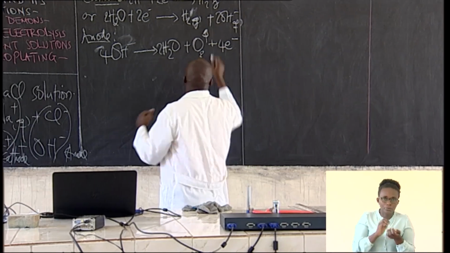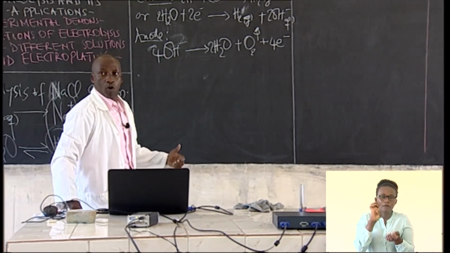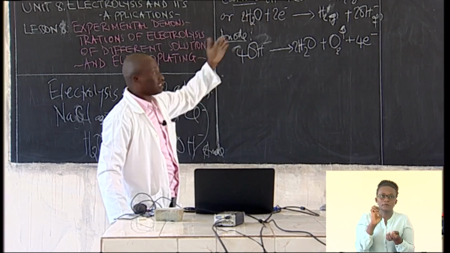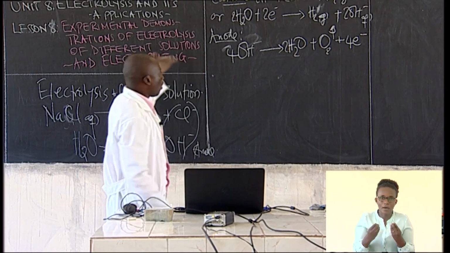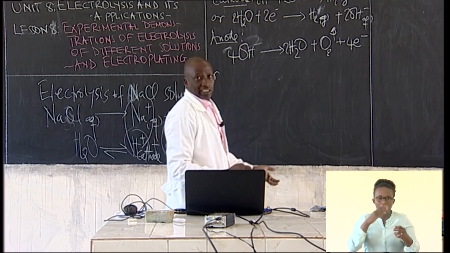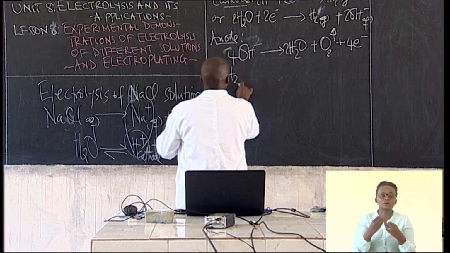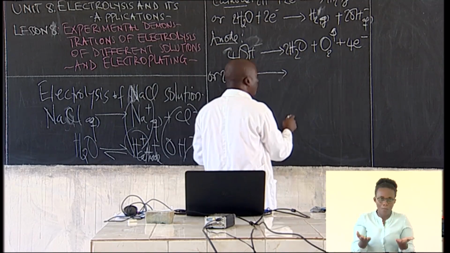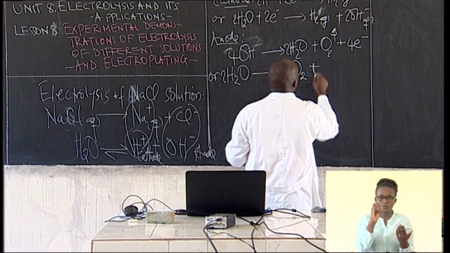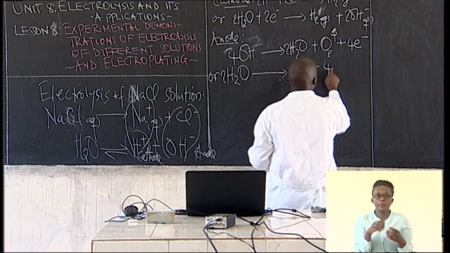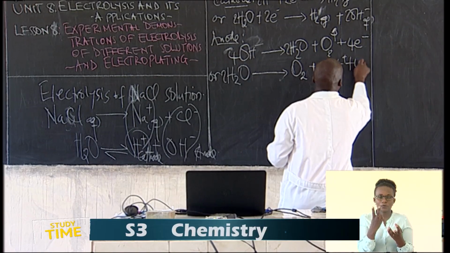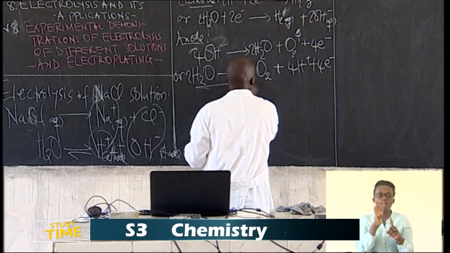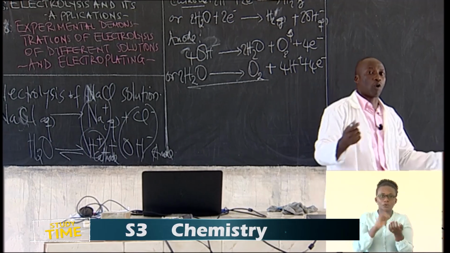What is important is the oxygen gas that is being produced. Or we can write this in this form: the water molecules oxidizing to form the oxygen gas plus the 4 hydrogen ions with the 4 electrons. We had talked about these reactions even before.